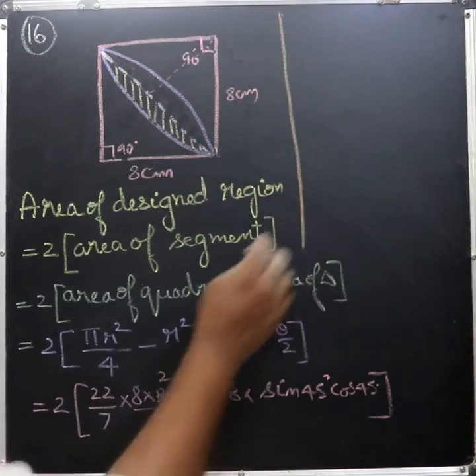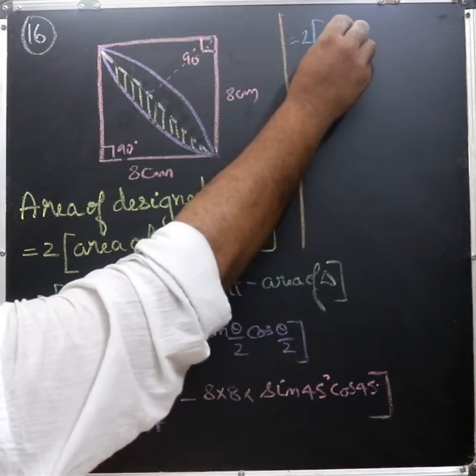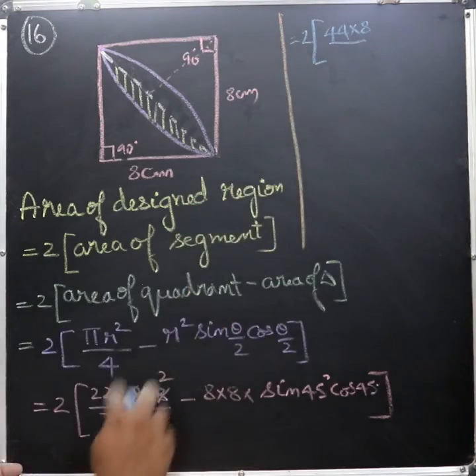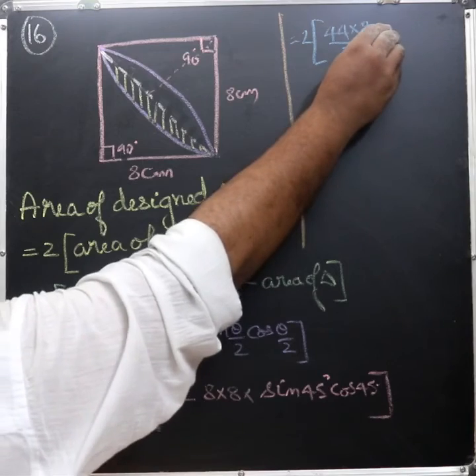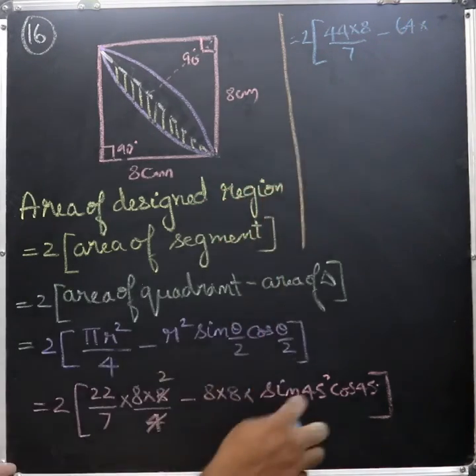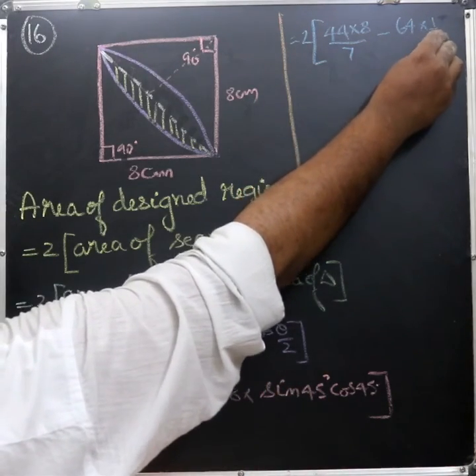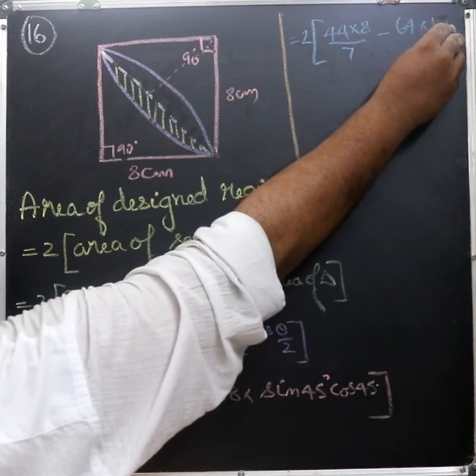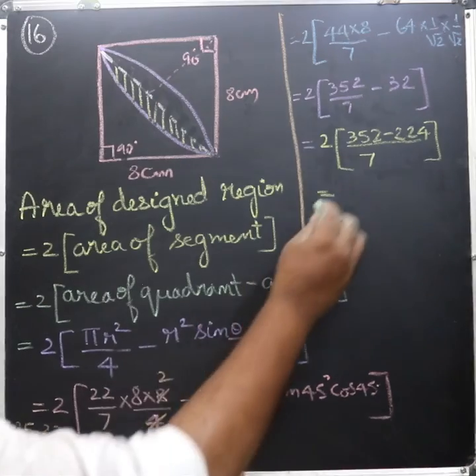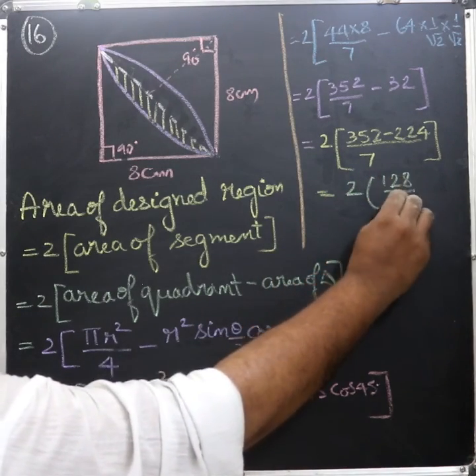When we substitute the values, we are going to get into 8. We will keep it as 44 into 8 divided by 7 minus into sin 45 degree is 1 by root 2 and cos 45 degree is also 1 by root 2. 2 into 128 divided by 7.